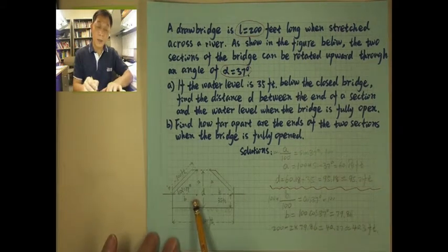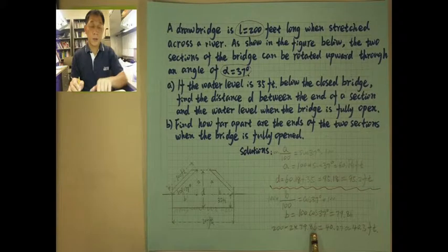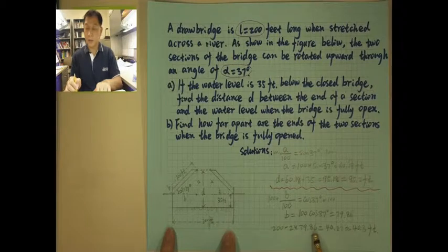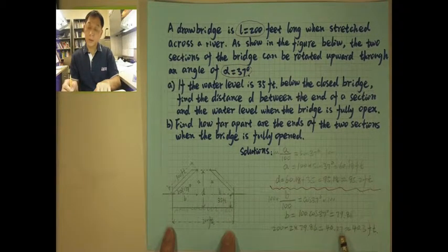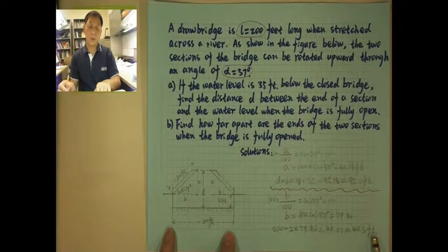Then this side is B, this side is B, together is 2B. And this part is 200 in total. So 200 minus 2 times 79.86, that's 40.28, and you round it up, that will be 40.3 feet.